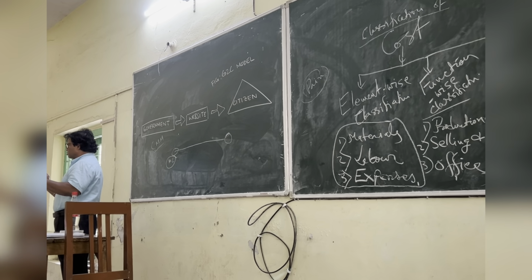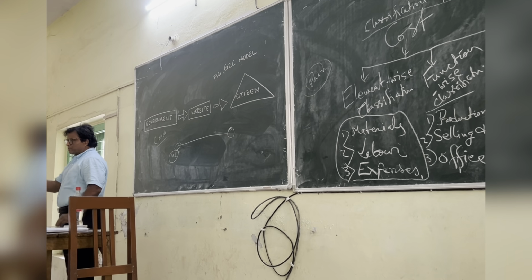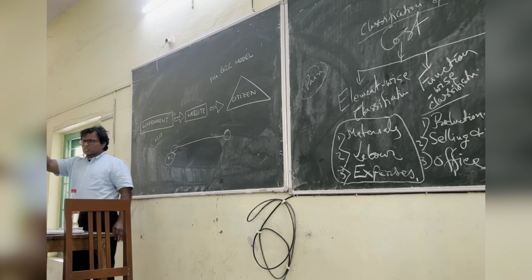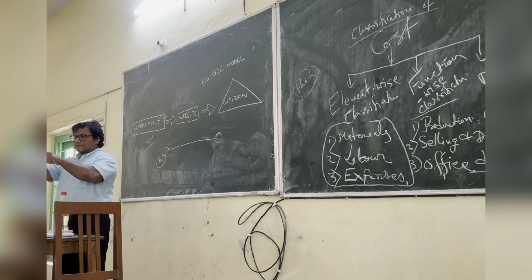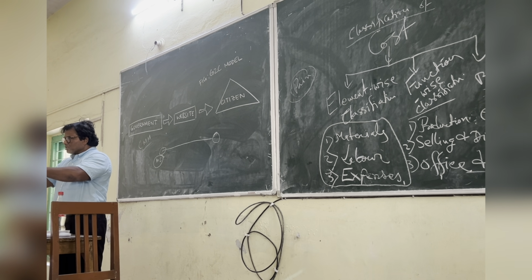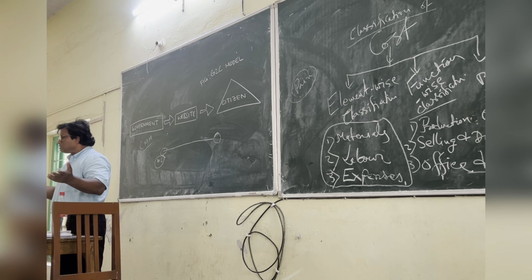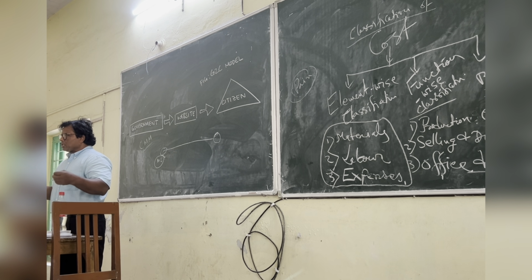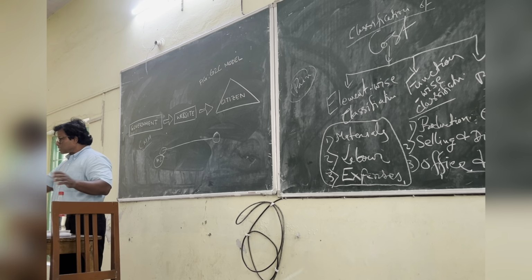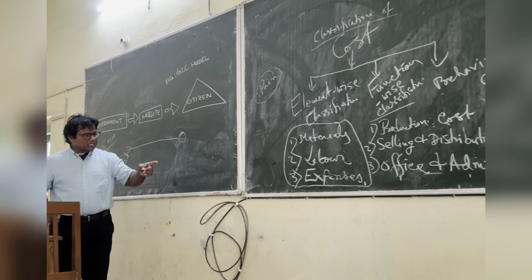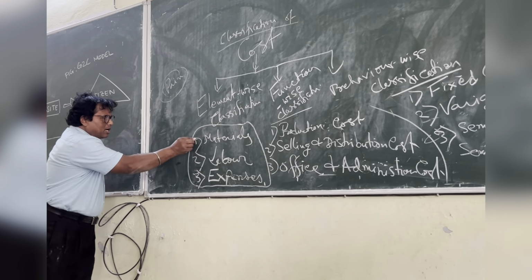Whatever you produce, think of this chalk only. There was some material, some people worked, there was some labor, and there is some money paid for which you have got neither material nor labor. The expenses. I'll make it clear.